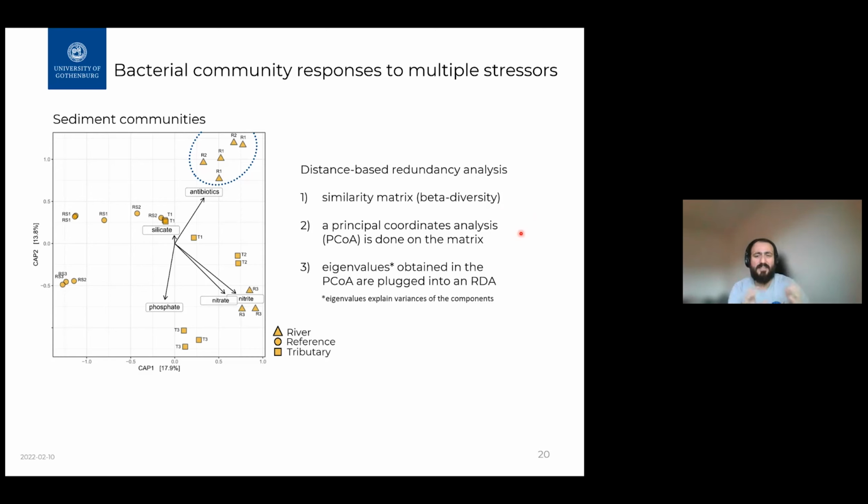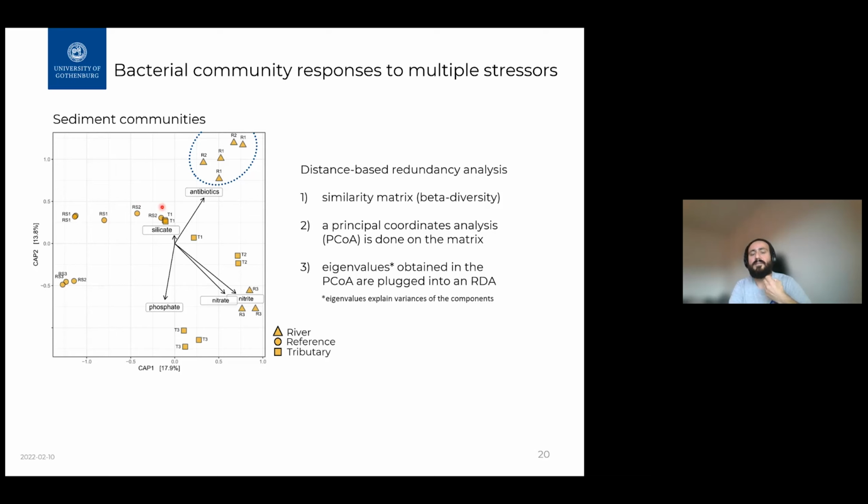Summarizing this, although it might sound a bit complicated, the analysis shows us that there are 5 environmental variables here. You have silicate, phosphate, nitrate, and nitrite, all of these nutrient variables, plus antibiotics, explaining very well the observed variance of our sediment communities.